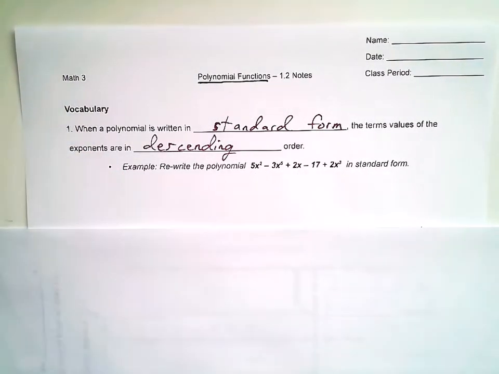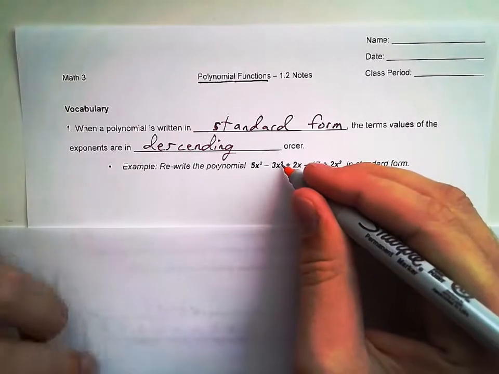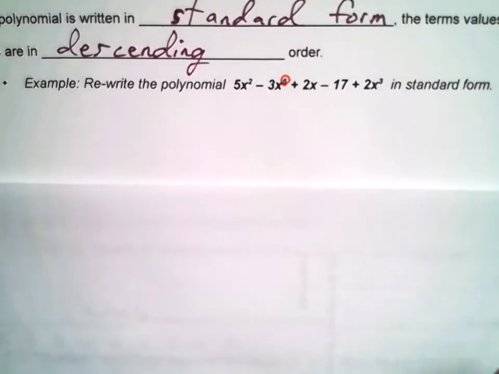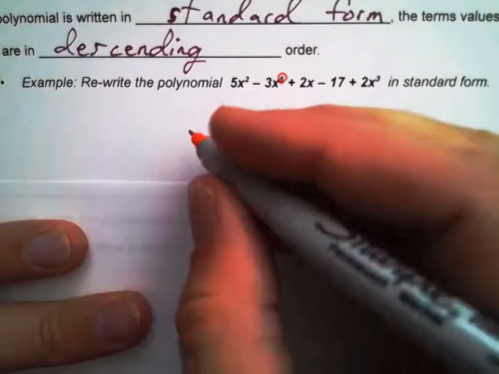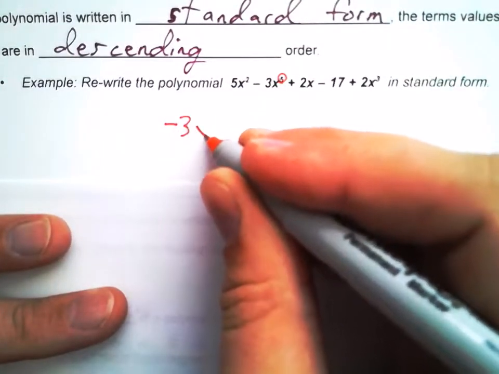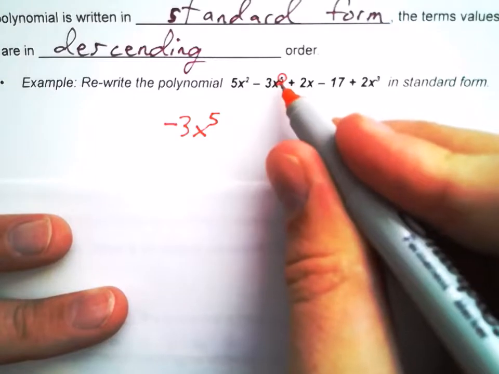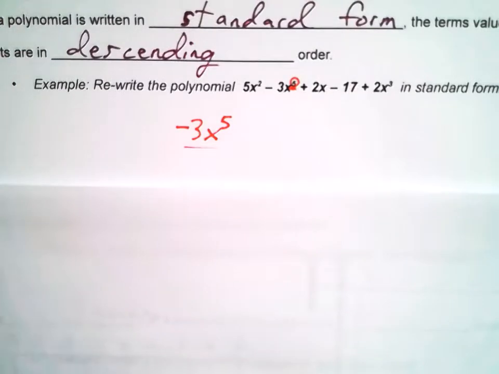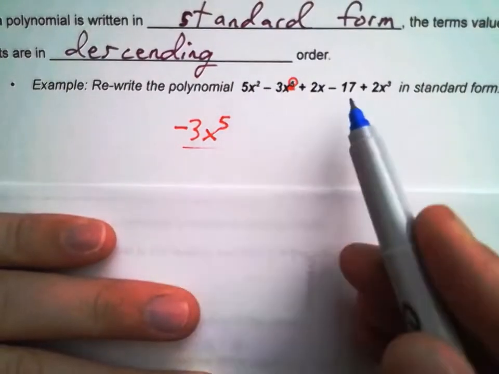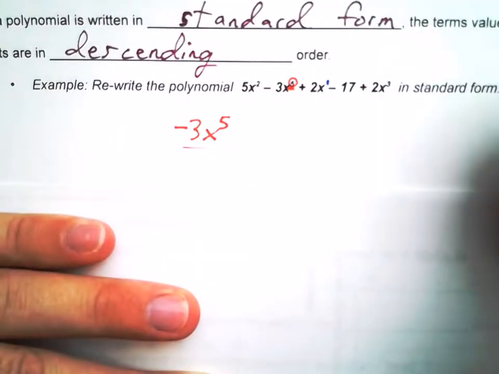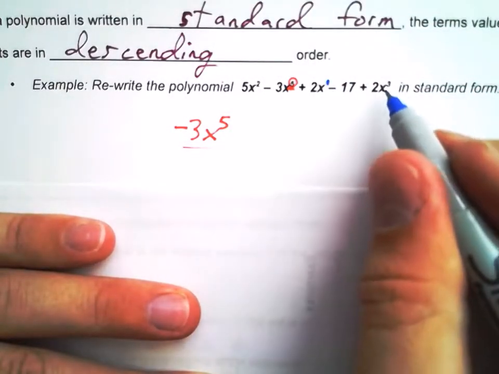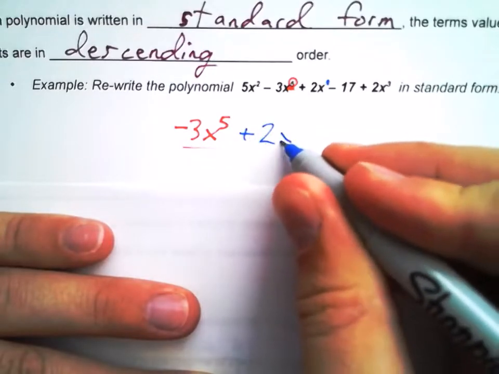So this one right here, the largest exponent is 5, x to the 5th there. So that's the one that is going to be written first. Negative 3x to the 5th. So the 5 goes first because it's the biggest exponent. Then the next biggest, we have x to the 2nd, x to the 1st, and a constant term. So the 3rd is the next biggest, so put 2x to the 3rd.